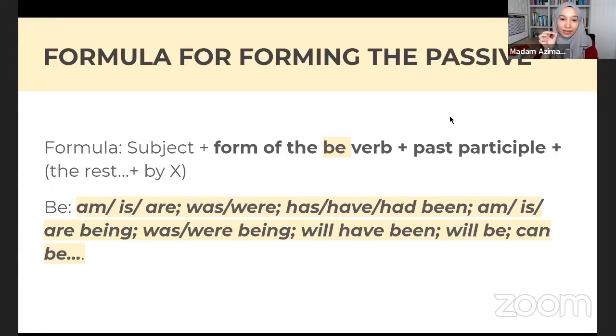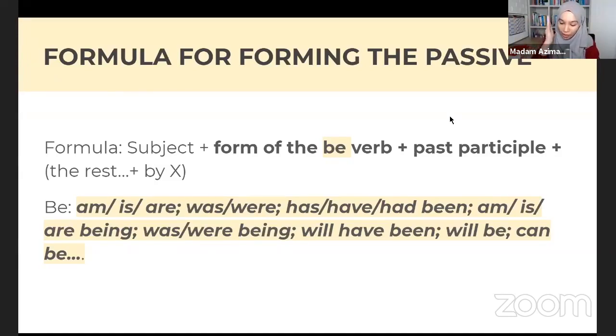So, has been, have been, had been. That's a be verb too. At least there's a be there, you can see. Am being, is being, are being. Be verb. Was being, were being. Be verbs. Will have been. That's also a be verb. Will be. That's a be verb. Can be. That's a be verb.